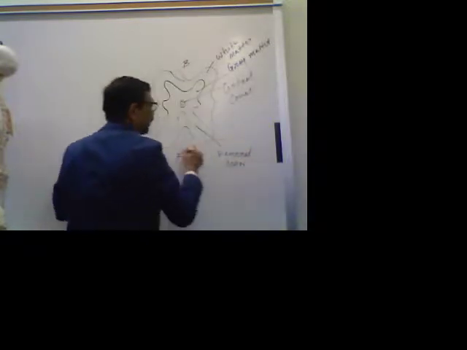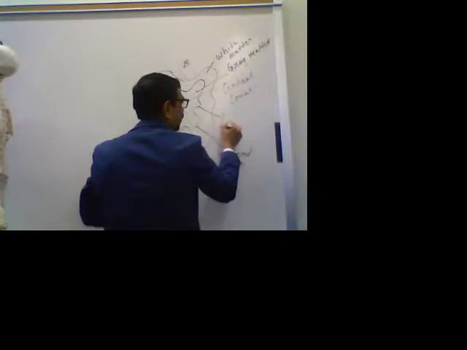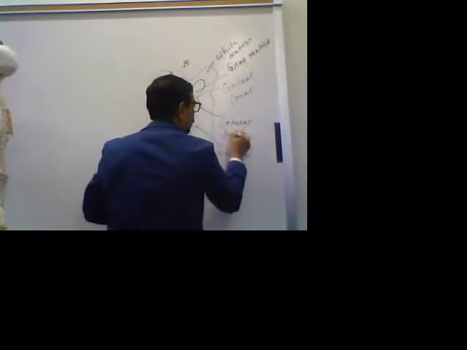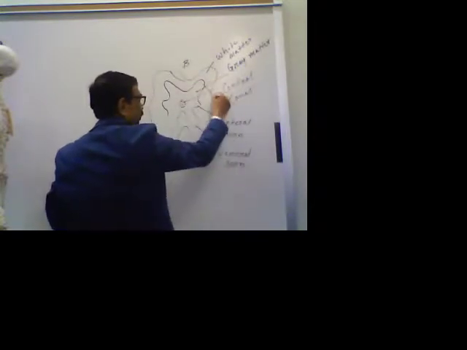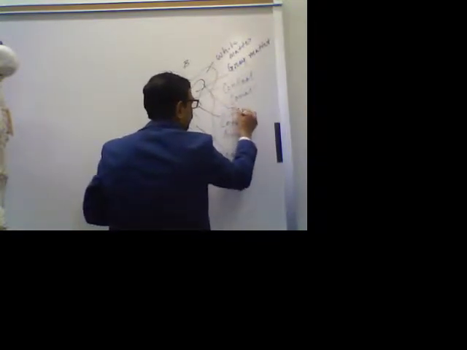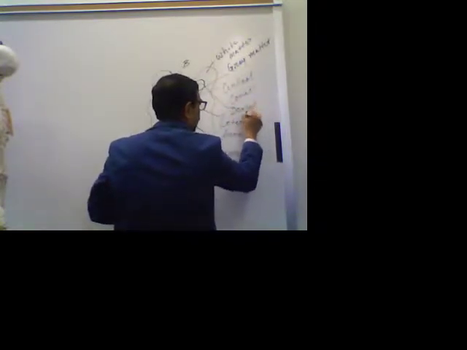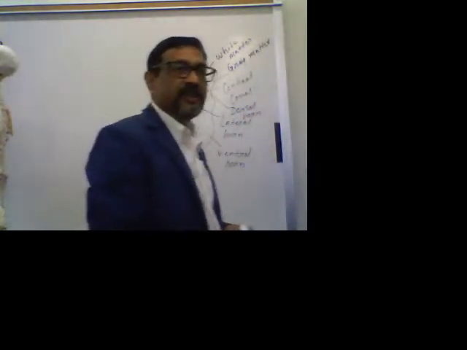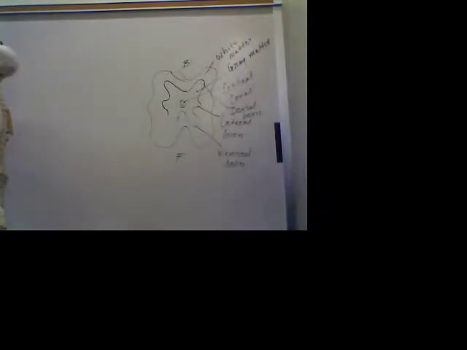This is the lateral horn. And this is the dorsal horn. So you have three horns in each half of the gray matter of the spinal cord.